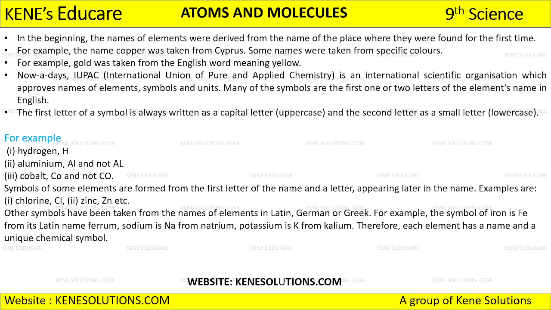For example, the symbol of iron is Fe, which is taken from its Latin name ferrum. Sodium has been taken from its Latin scientific name natrium, and that is why we write sodium as Na. Then potassium is K from kalium. Therefore, each element has a name and they all have a unique chemical symbol as well.